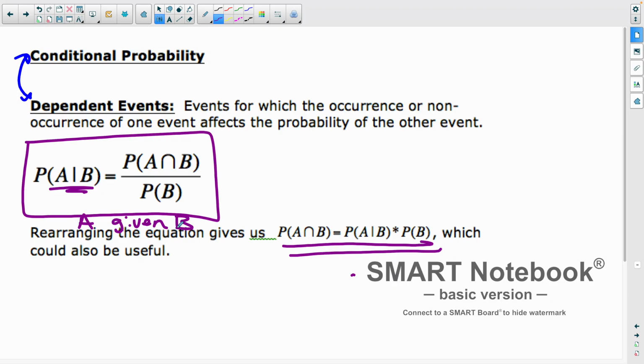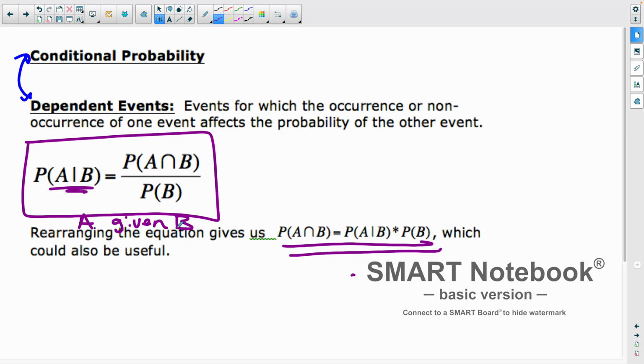Well, what if I did this? What if I said, what's the probability that I pick a junior given that they're in an IB class? What did I just do? I shrunk the sample space, right? I'm not looking at near as many people now, am I? I'm only going to look at a list of all the IB people, and then on that list of IB people, I'm going to find how many juniors are on that list.